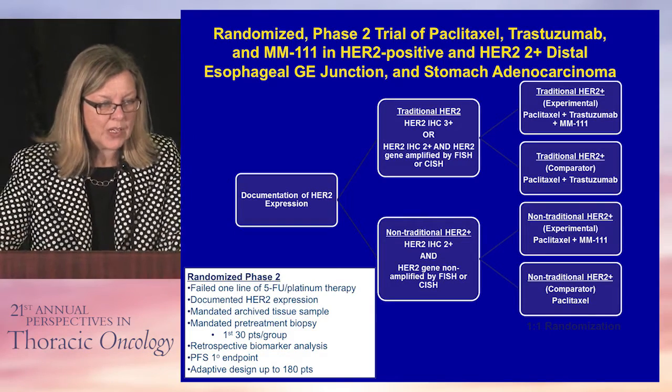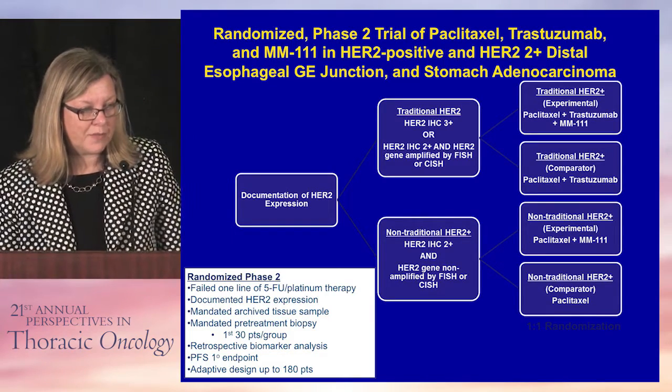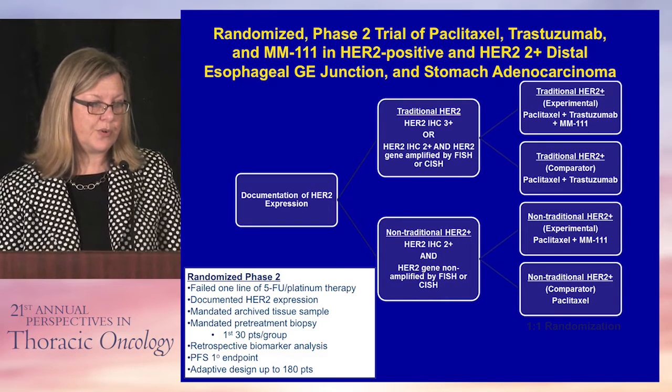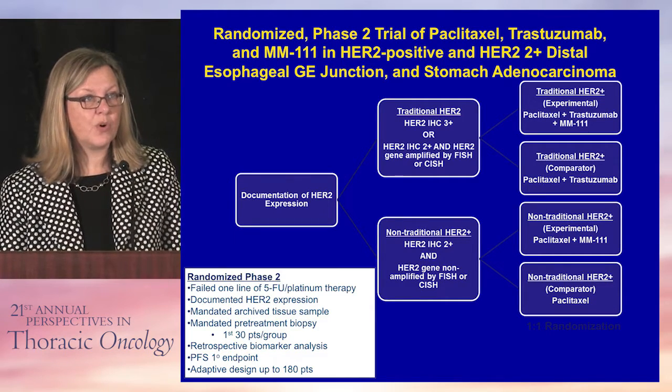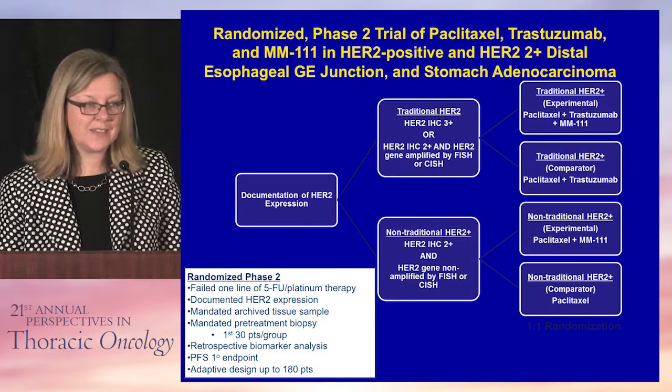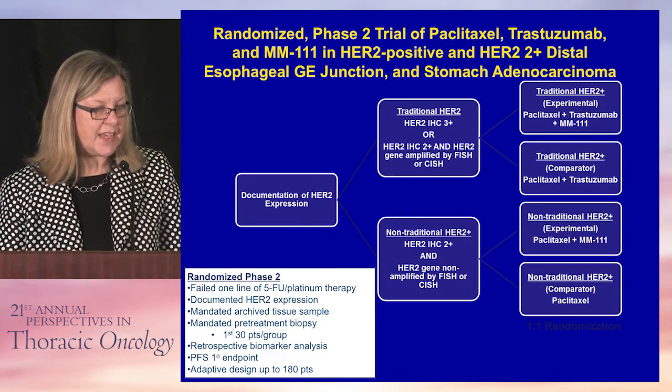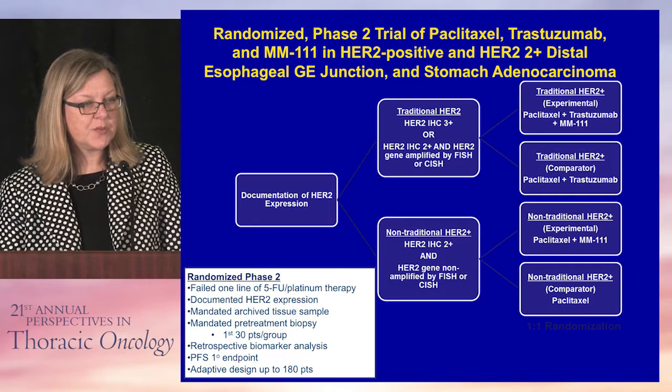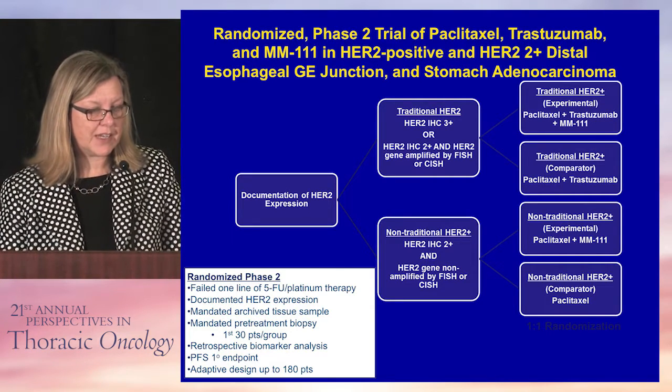So MM111 is a monoclonal antibody from Merrimack that co-targets HER2 and HER3. And this was taken forward in a randomized phase 2 trial chaired by our former trainee, Crystal Denlinger, at Fox Chase, for patients with esophageal, GE junction, or gastric adenocarcinoma.